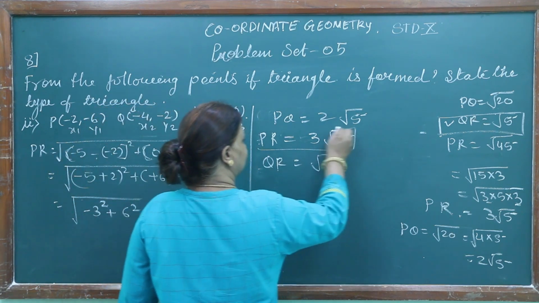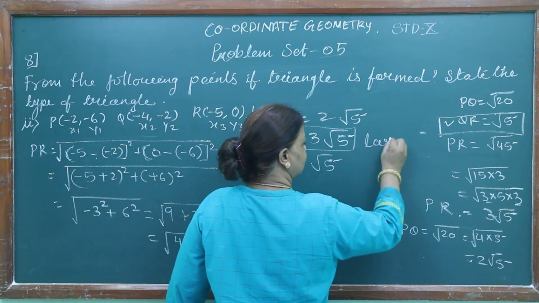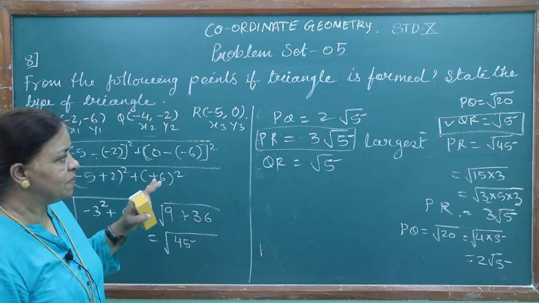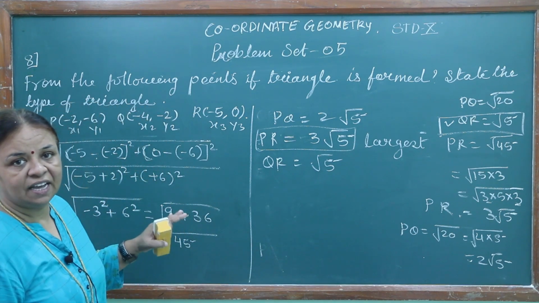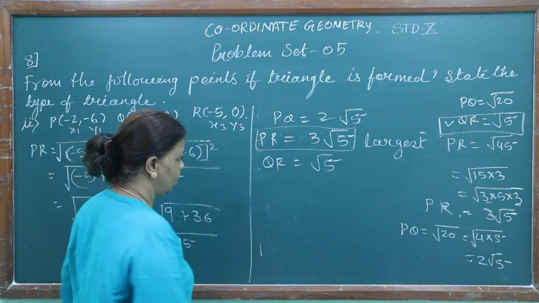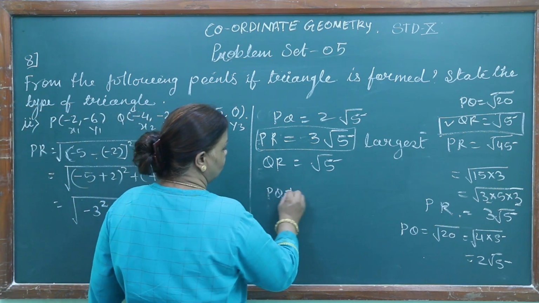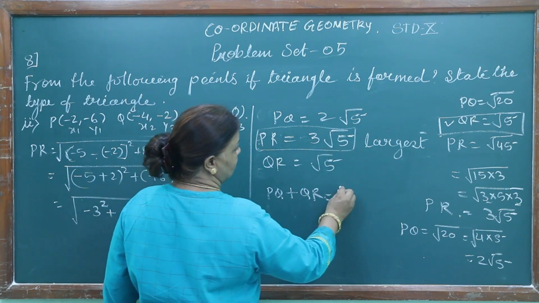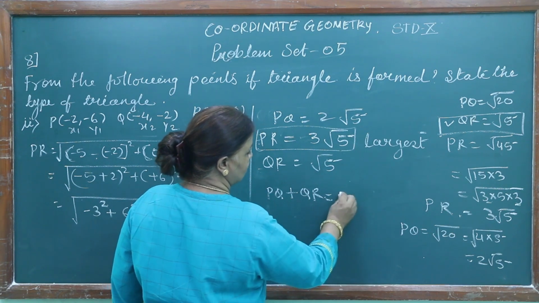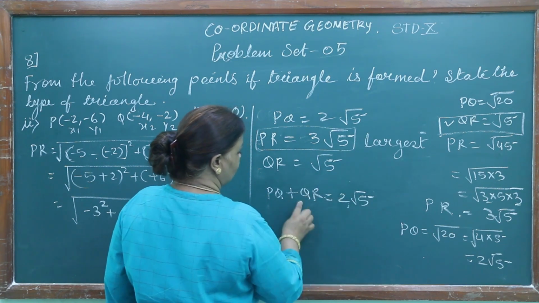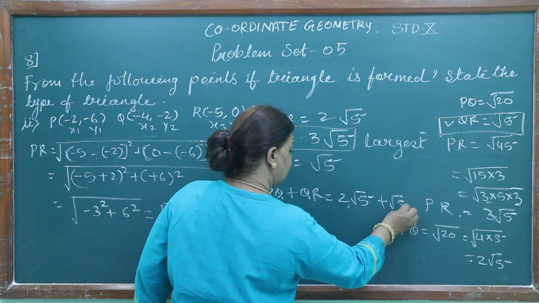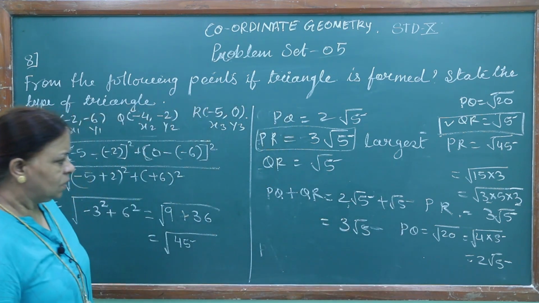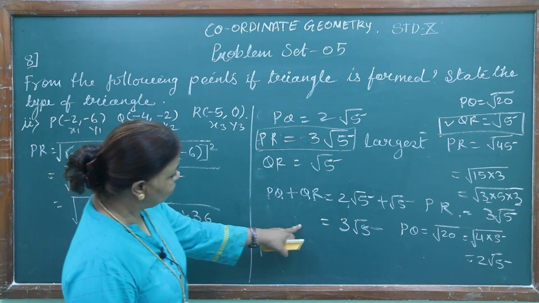PR is the largest one. Okay. Now those two smaller distances we must add and check whether they are greater than PR or not. Let me add PQ plus QR. PQ and QR are smaller than this. So PQ is 2 root 5, QR is root 5, which is equal to 3 root 5. That means PQ plus QR we are getting equal to PR.